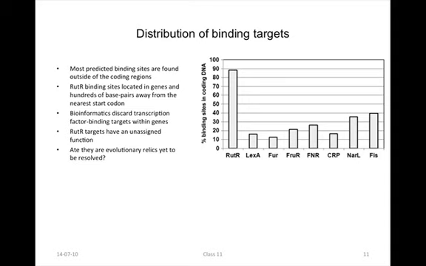Wait, 90% is in coding, not the intergenic region. That's 10% of the time it's in the intergenic region. 90% of the time it's within the gene, downstream of the +1 start site, the translational start site.